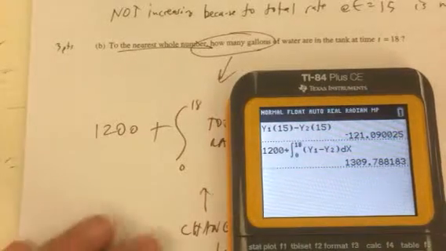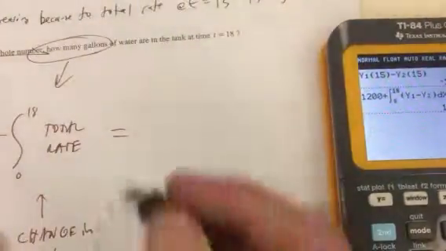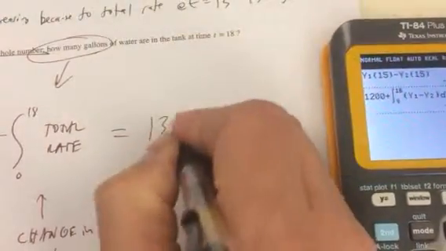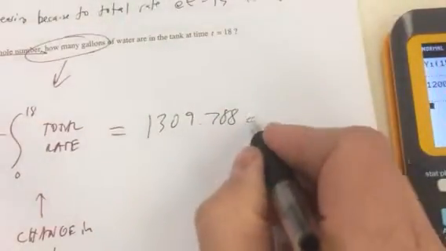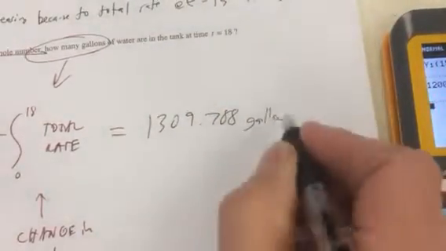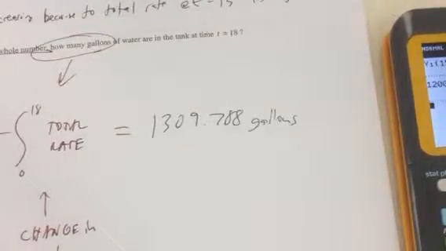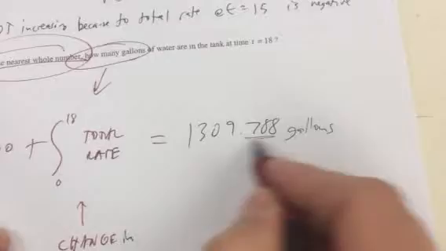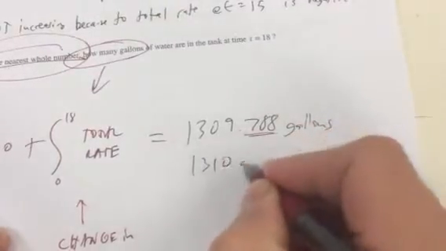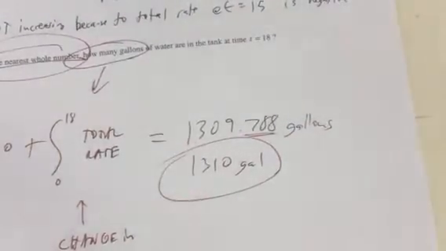There we go. And our solution is... I feel like I've forgotten something. Nearest whole number. That's not the nearest whole number. There we go.